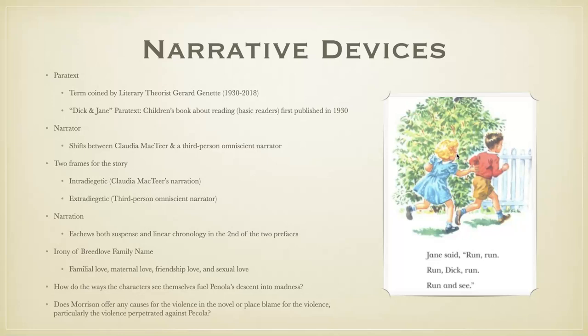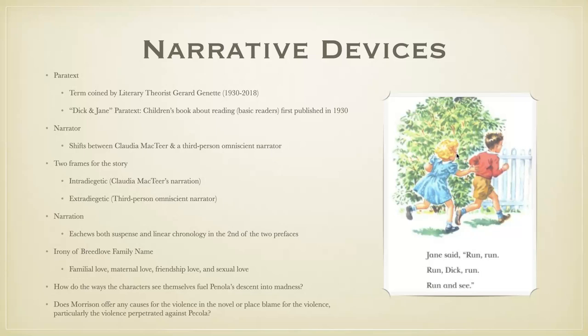There are a few different narrative devices that Morrison employs within the writing of this novel. First, I want to talk about paratext. It's a term coined by literary theorist Gérard Genette, who lived from 1930 to 2018.